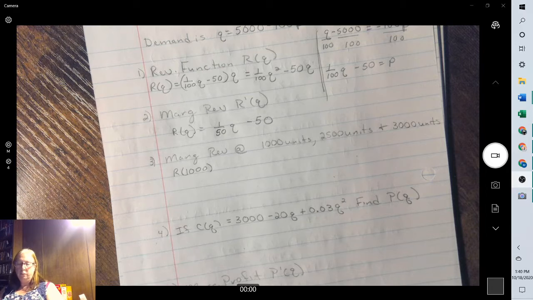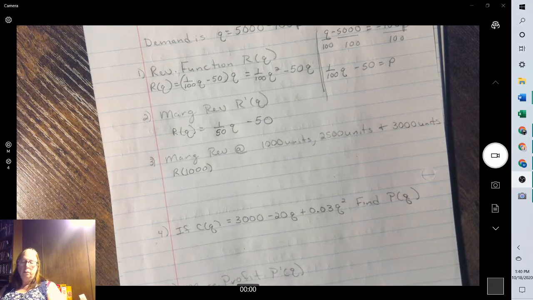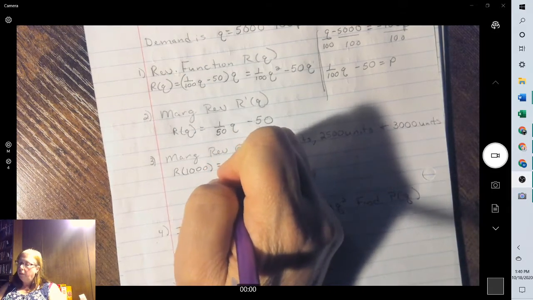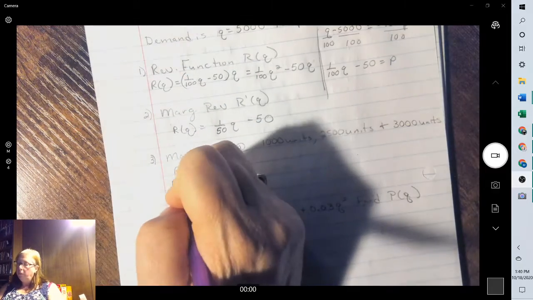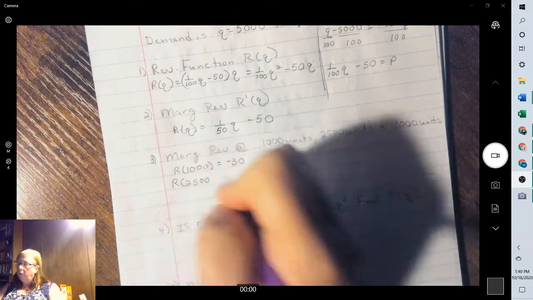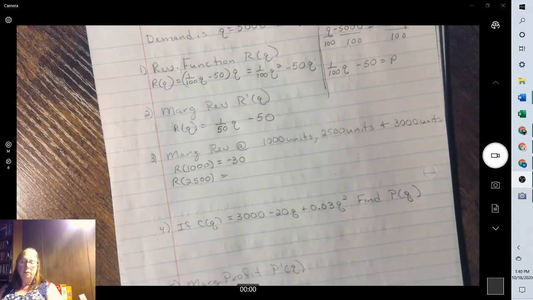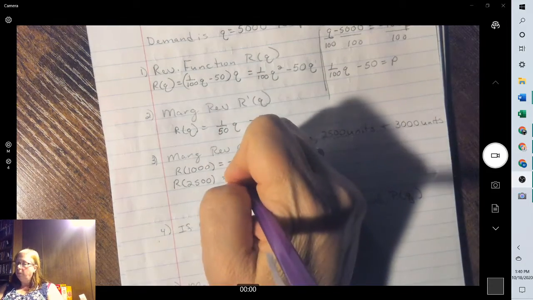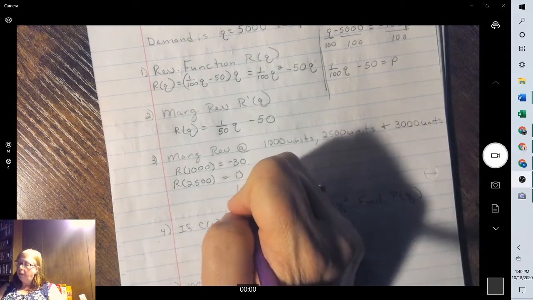Plugging in 1,000 gives us negative 30. 2,500 gives us 0. 3,000 gives us 10.